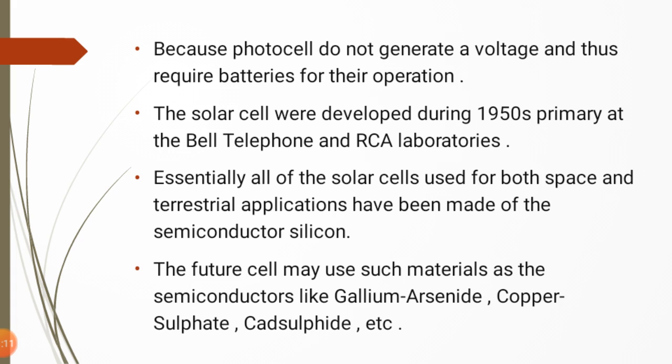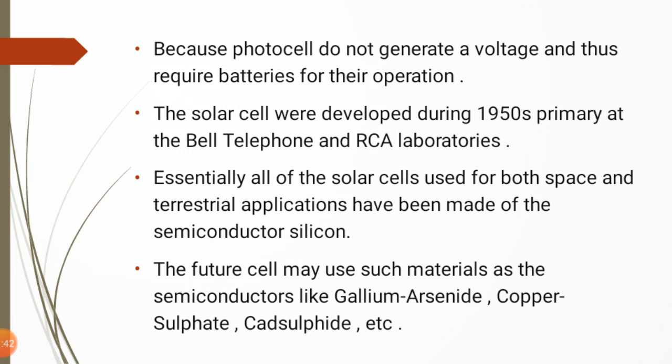As we discussed, the photovoltaic system has different applications, such as in space and terrestrial applications. In astronomy, solar cells are used for satellites to generate energy instead of fuel, and this is used for the operation of satellites in space.